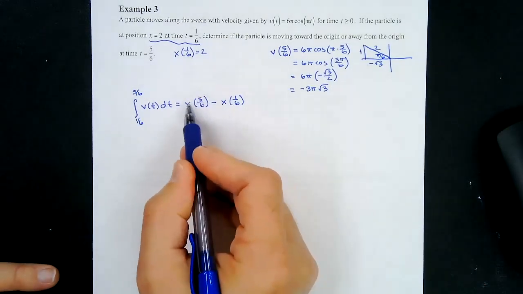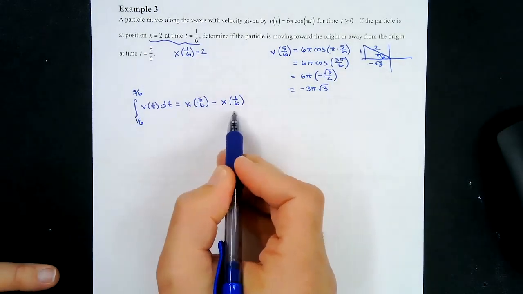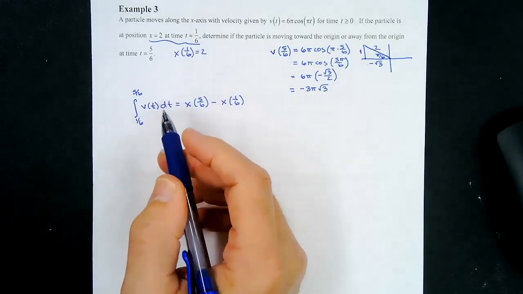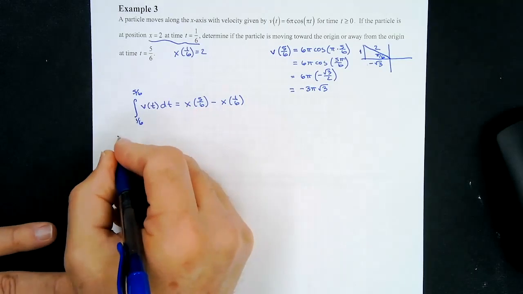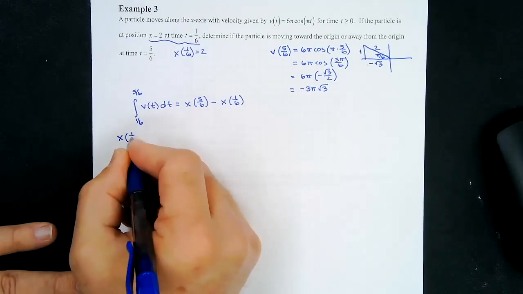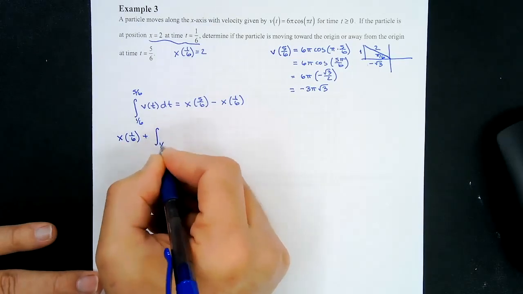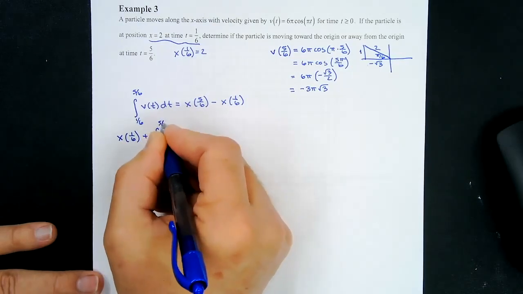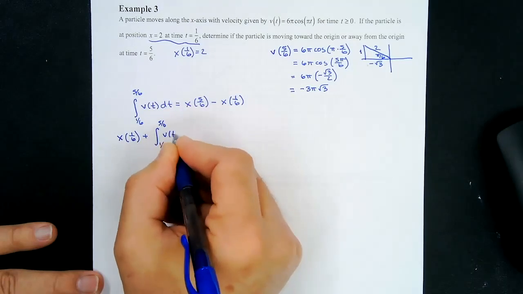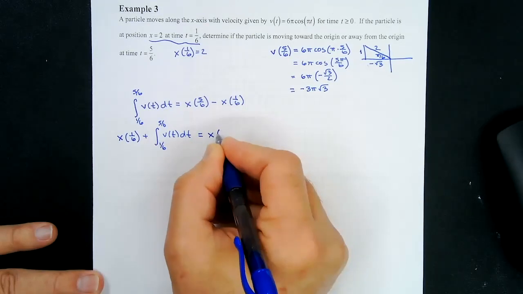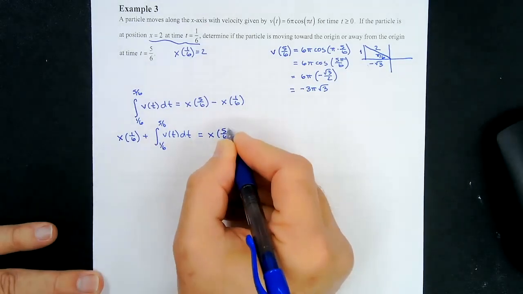Now I want to find this, so all I need to do is add x of 1/6 to the other side. That gives us x of 1/6 plus the integral from 1/6 to 5/6 of v of t dt, and that's equal to the position at 5/6.